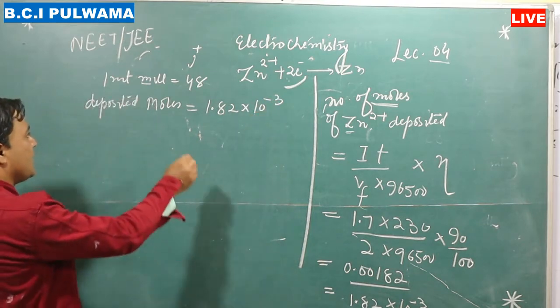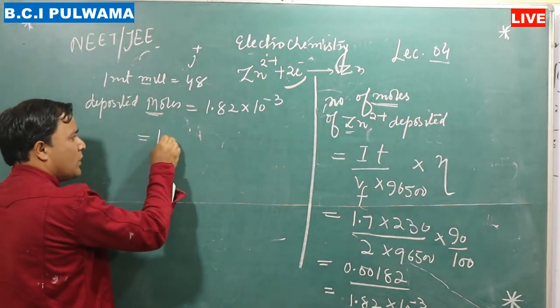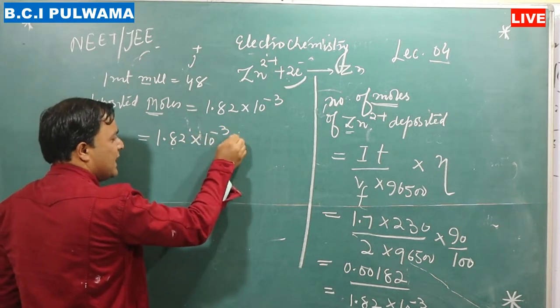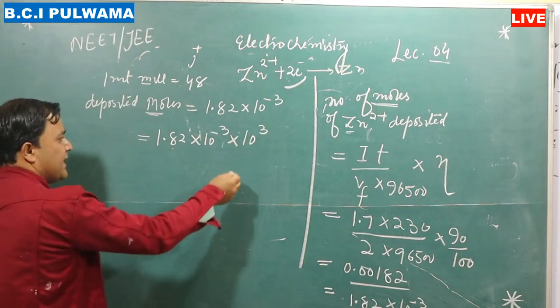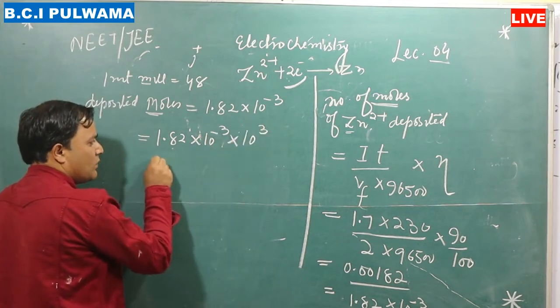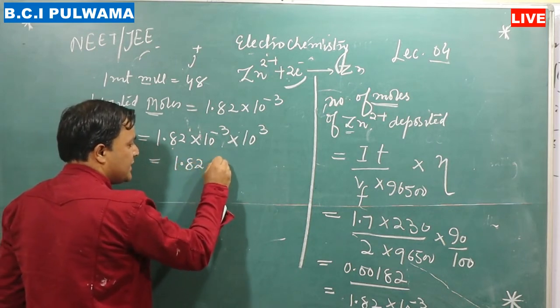Now let us convert moles into millimoles. If we convert this into millimoles, 1.82 into 10 to the power minus 3, we multiply by 10 to the power 3, that is 1000. So 10 to the power minus 3 into 10 to the power plus 3 is equal to 1, and this comes out to be 1.82.